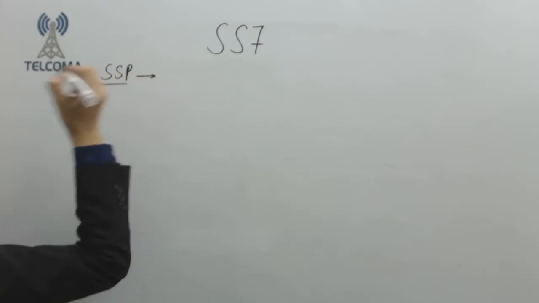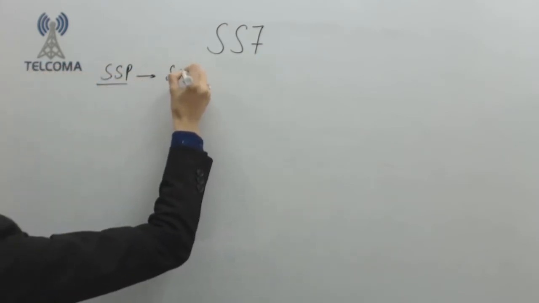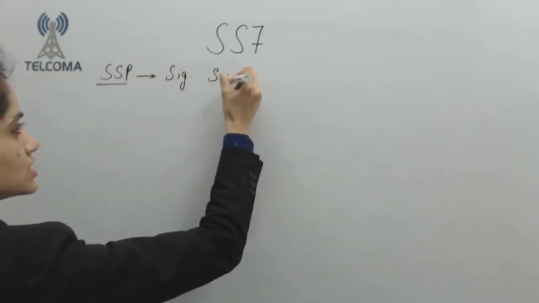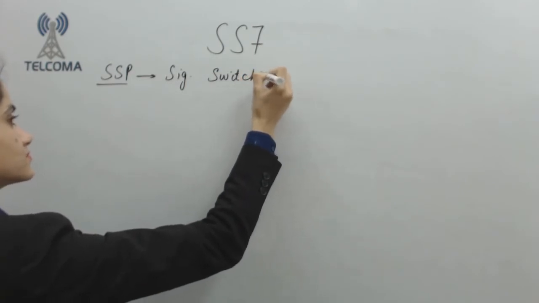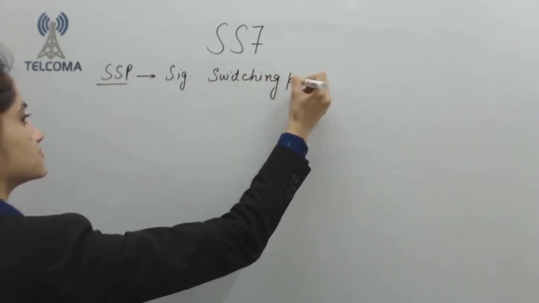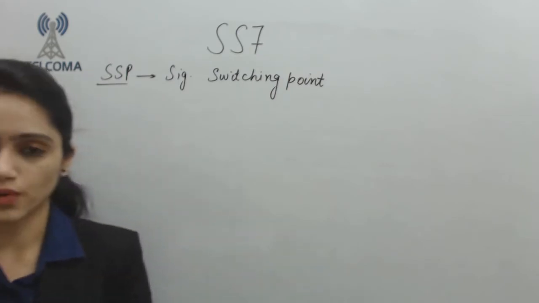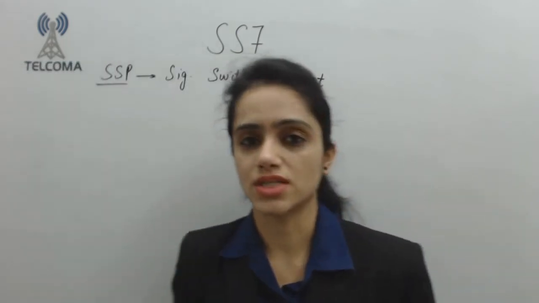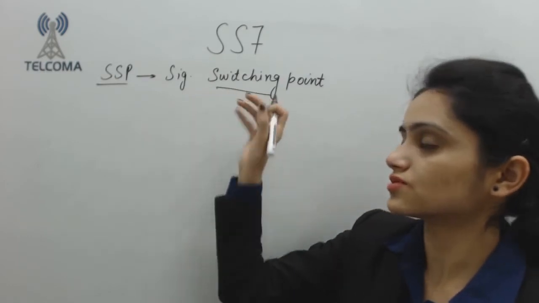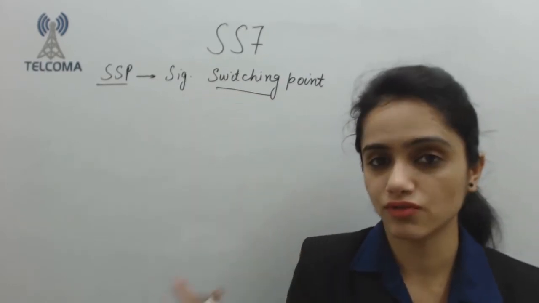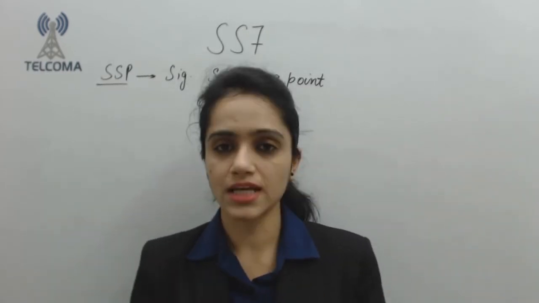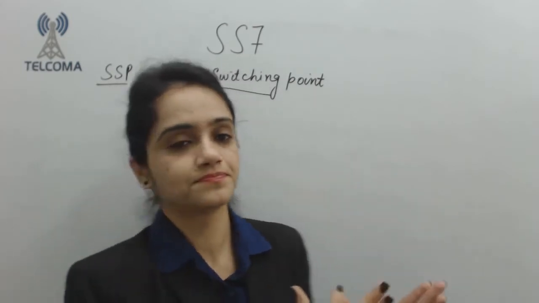And this SSP stands for signaling switching point. So what is signaling switching point? Now this signaling switching, as the name says switching, so that means it performs the functions of switching. So it is local exchange to the subscriber.